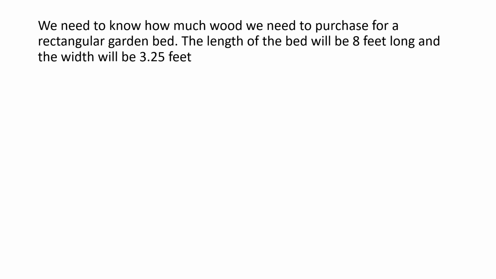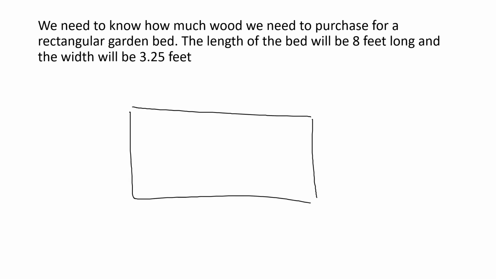The length of the bed will be 8 feet long and the width will be 3.25 feet. So I'm going to draw a little picture of my garden bed. The length is going to be 8 feet. The width is going to be 3.25 feet. And I just need to know how much wood to purchase, which means I need to know how far around.